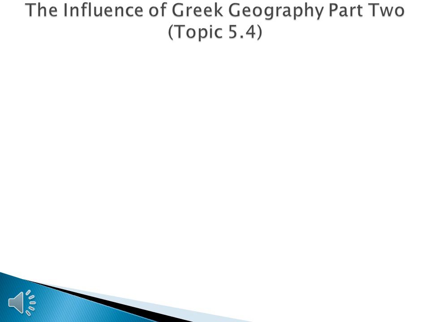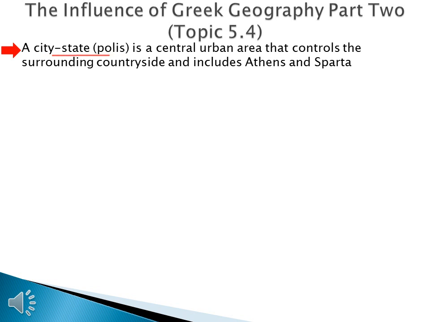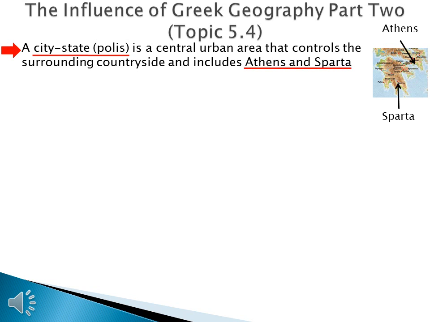If we have a part 1, we're going to have a part 2, so let's look at the influence of Greek geography, Part 2, Topic 5.4. A city-state, or polis, is a central urban area that controls the surrounding countryside, and in Greece that includes Athens and Sparta. Remember, it's not just the city, but the city and all the area around the city that creates a city-state.